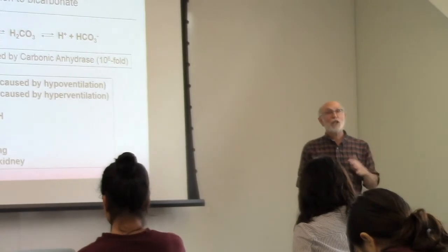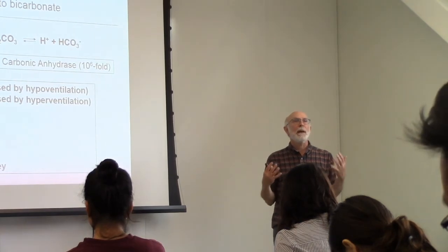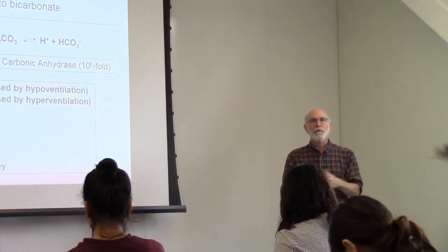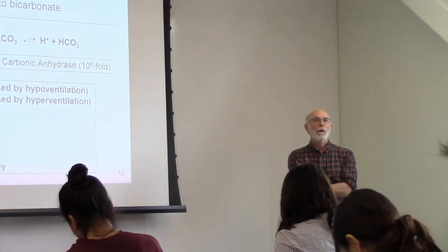And pH control is essential because the enzymes that we depend on to live have a pH optimum. They evolved in a setting where the pH was 7.4.